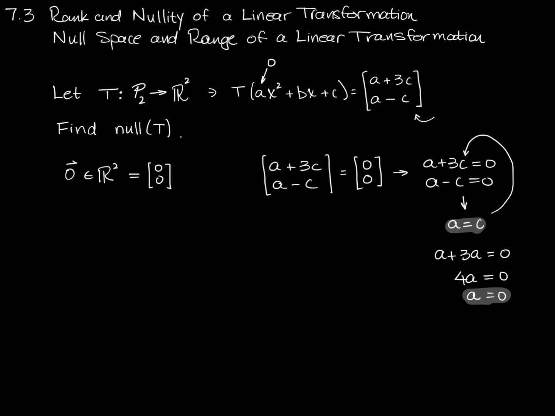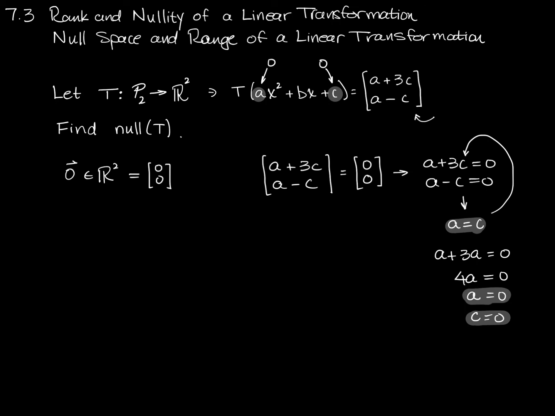I also know the value of my other coefficient, because if a is 0 and a and c are the same, then c must also be 0. So I have these important results, and those are both 0. So now I know what an input has to look like in order for me to get an output of all zeros.